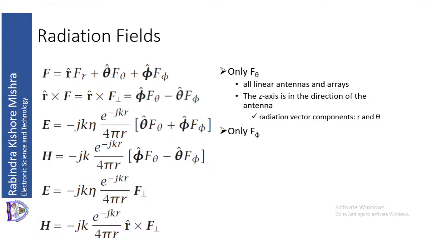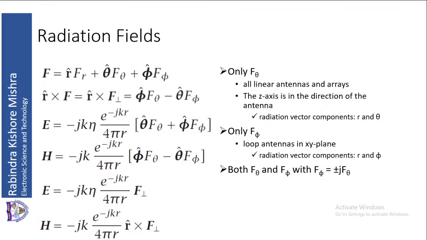If you consider only the phi component, we do not have a theta component but only a phi component in the far field. Then these are loop antennas. The loop is in the xy plane. This is an example. Radiation vector components are r and phi.